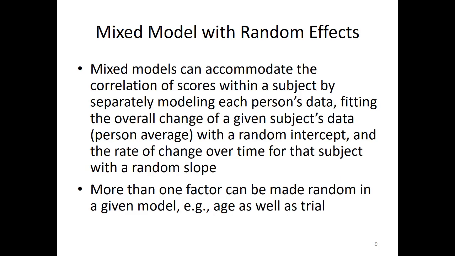Mixed models can accommodate the correlation of scores within subject across time periods by modeling each person's data and fitting a regression line to changes in that person's scores over time. And these models, these intercepts and slopes, unlike conventional regression analysis, are not averaged. They are customized on an individual by individual basis.